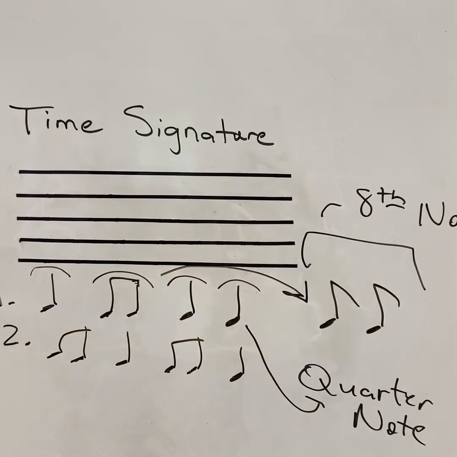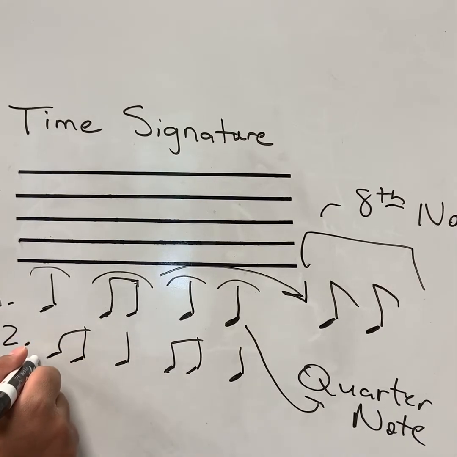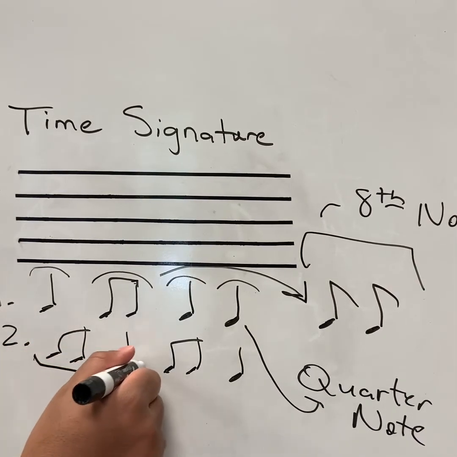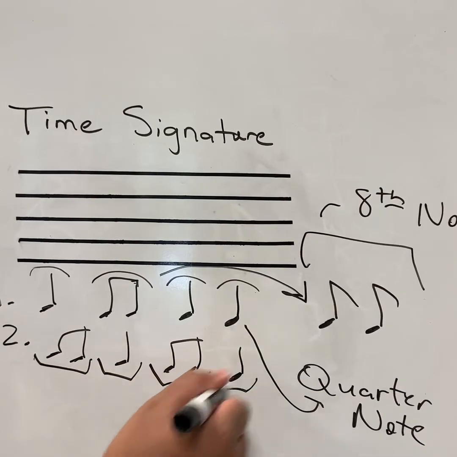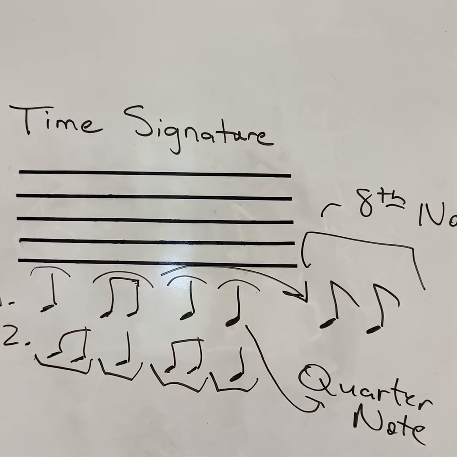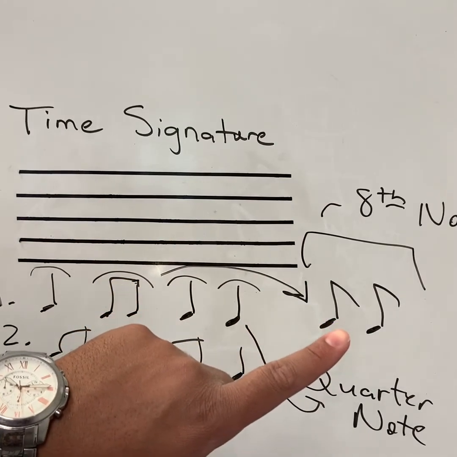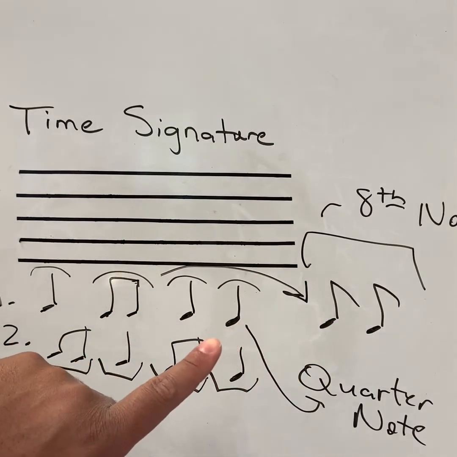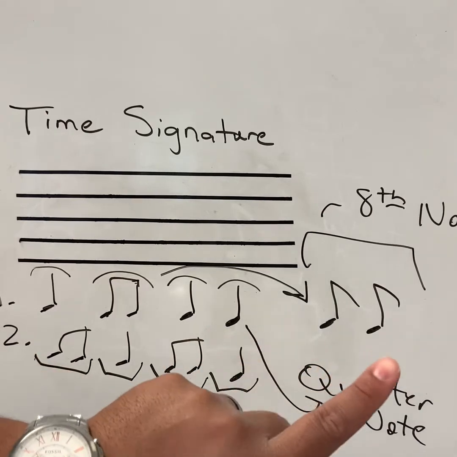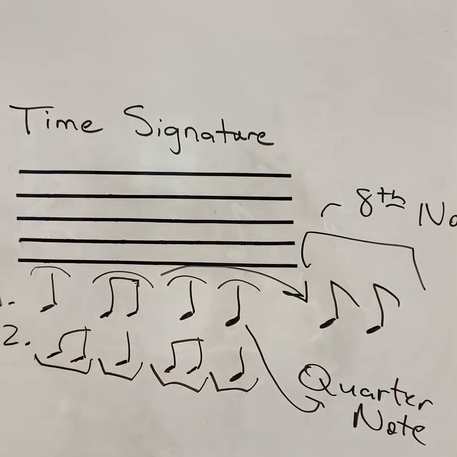Now let's look at measure two. How many beats do I have? If you said four, that is also correct. Some of you may look at this and say 1, 2, 3, 4, 5, 6. That's six. Nope. Let's remember, I need two eighth notes to count as the same as one quarter note.